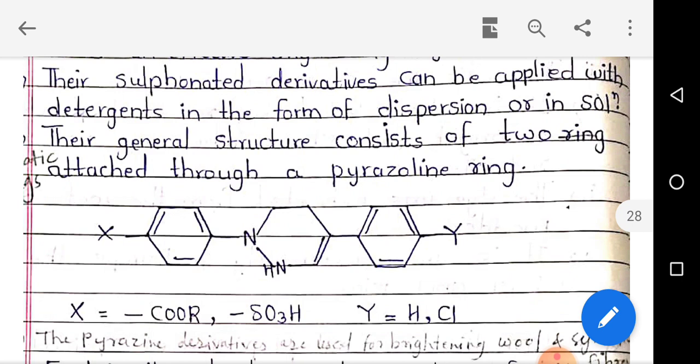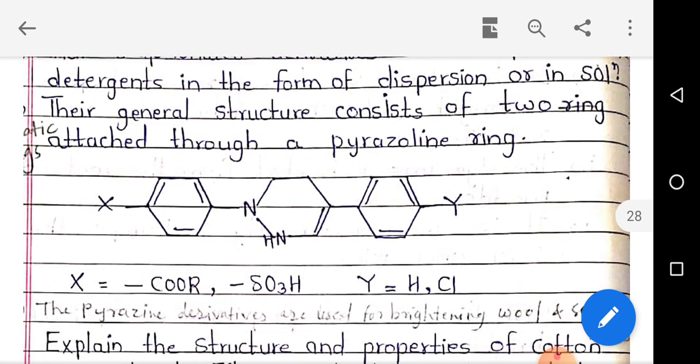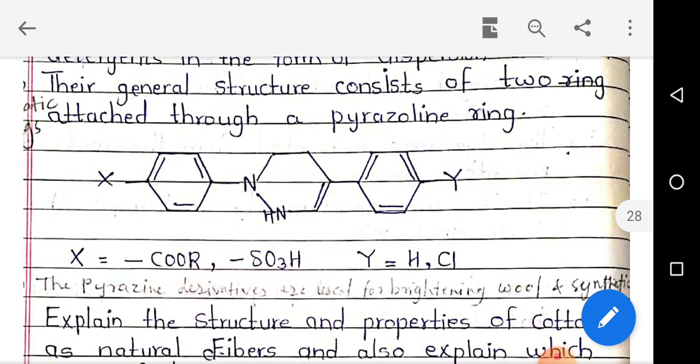At that time it is called sulfonyl derivatives or sulfonated derivatives. Their sulfonated derivatives can be applied with detergents in the form of dispersions or solutions. The general structure consists of two rings attached through a pyrazoline ring.